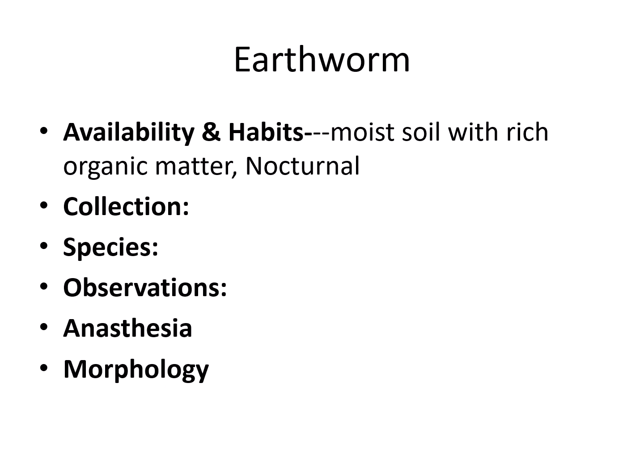When we have collected the earthworm, we have to give it anesthesia. The earthworm can be anesthetized by submerging it in 10% ethanol for 15 minutes, or we can use chloroform, but we don't have to touch them with the chloroform.